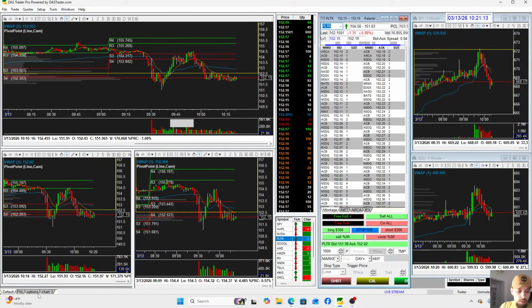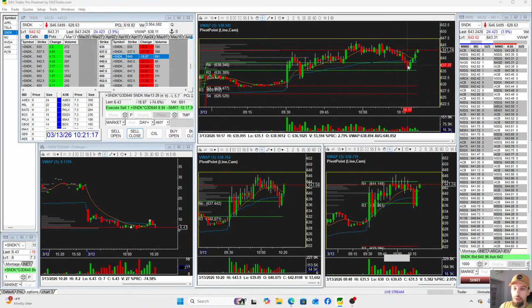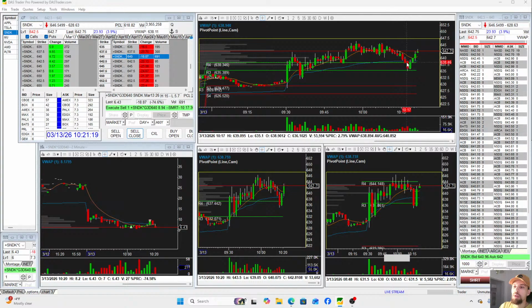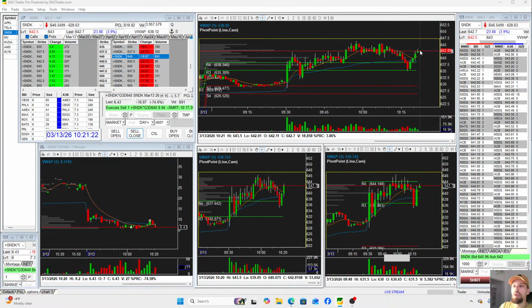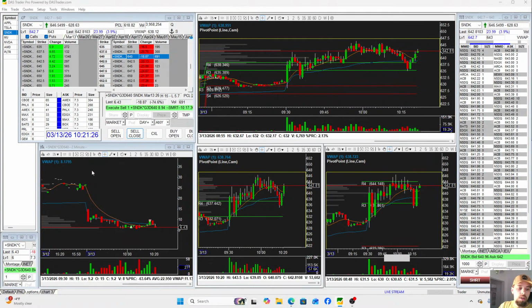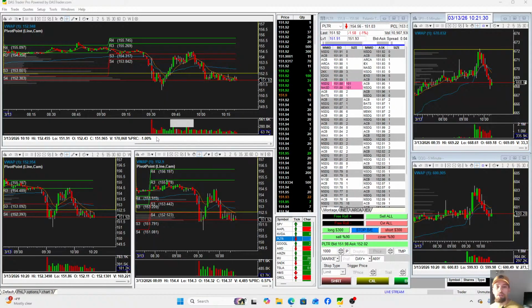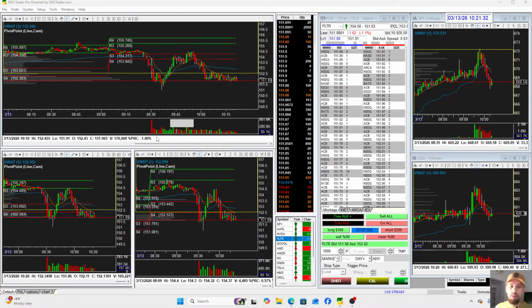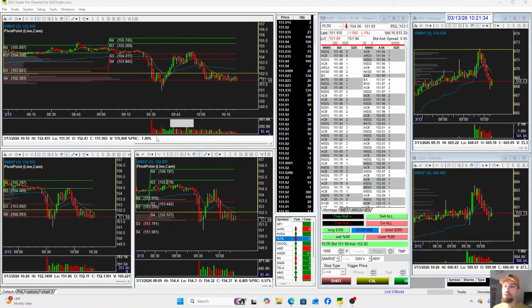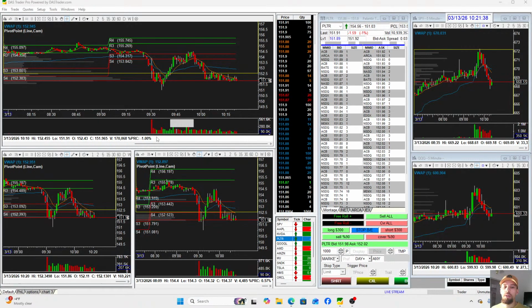PLTR is looking pretty weak. Here's SanDisk, guys, so that's why I got out of my position. We got the move we wanted, but now it's pulling back to our entry, so we took what we could from that trade and made back some of those losses. If the market sells off here, PLTR is gonna go.